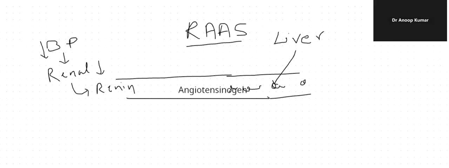And this angiotensin 1, particularly when passed through the lungs, there is an enzyme in the lungs. That enzyme's name is angiotensin converting enzyme. So that enzyme will convert, right?